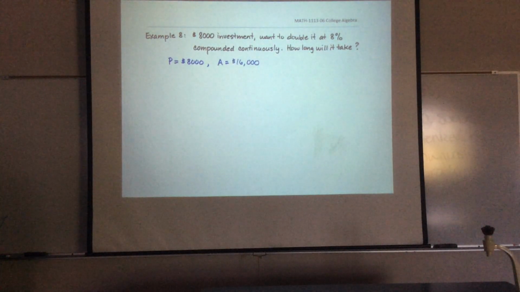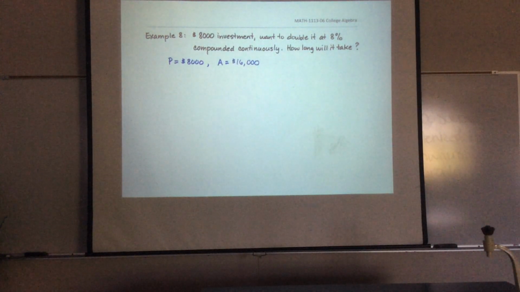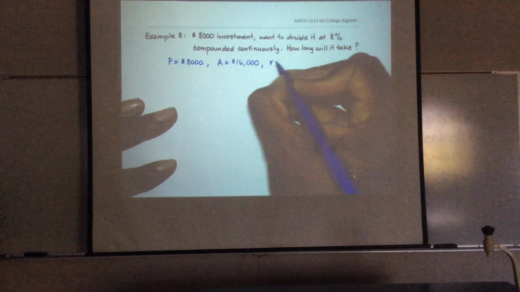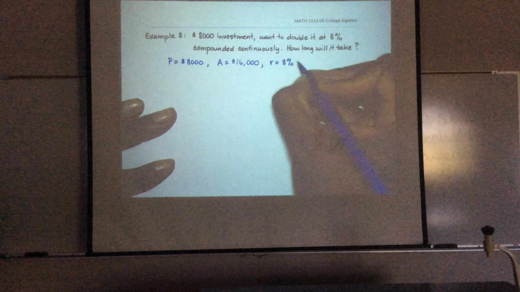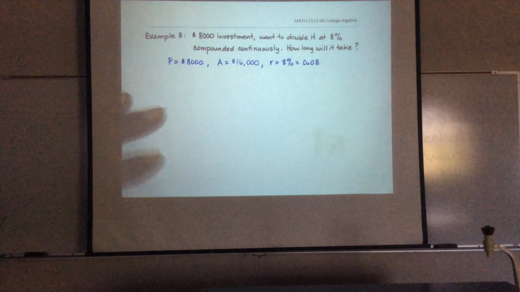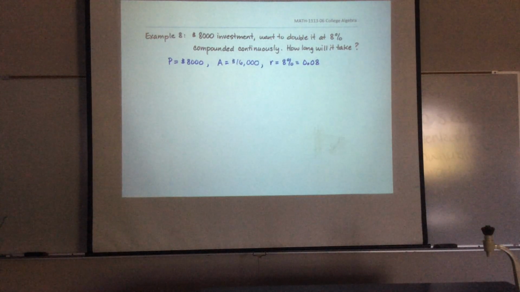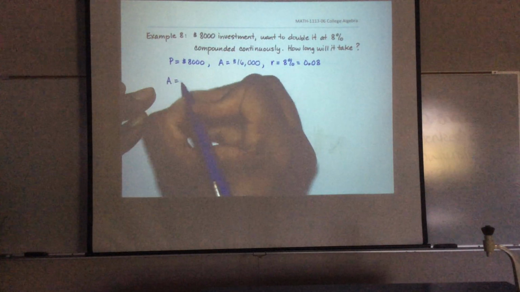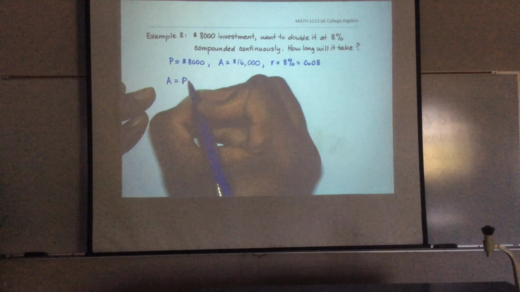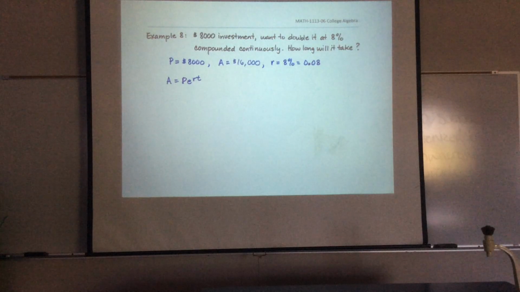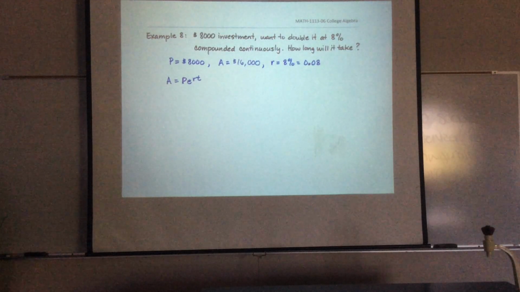That's the amount, because $16,000 is double $8,000 at 8%. 8% as a decimal will be 0.08. And it's compounded continuously. So we need to use this formula. A is equal to P times e to the RT.